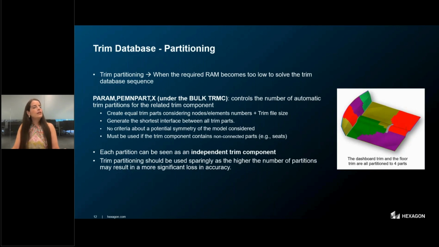We don't recommend, or I would say, we use trim partitioning sparingly, as increasing the number of partitions might actually result in a more significant loss in accuracy. But splitting trim elements into multiple sub-trim partitions will help reduce the peak storage requirement for the RIMs, leading, of course, to a reduction in computational demands without compromising accuracy.